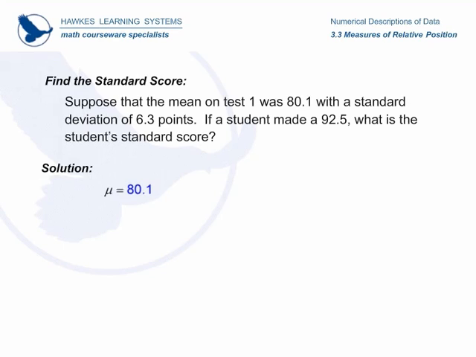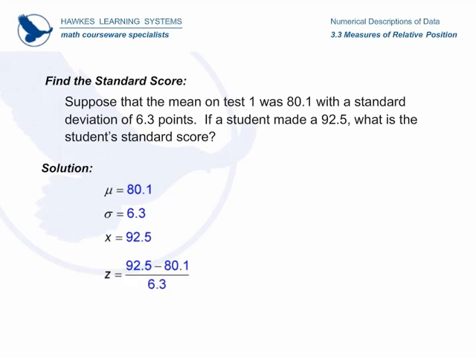First thing we want to take a look at is our mean, which is 80.1. Next, we take a look at our standard deviation, which is 6.3. Next, we take a look at our sample value, which is 92.5.